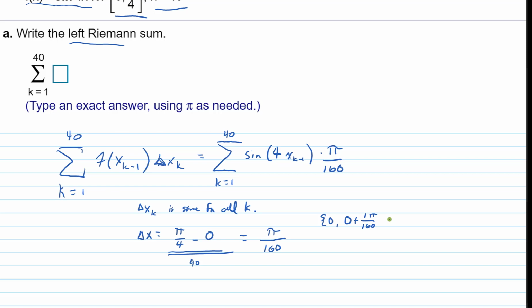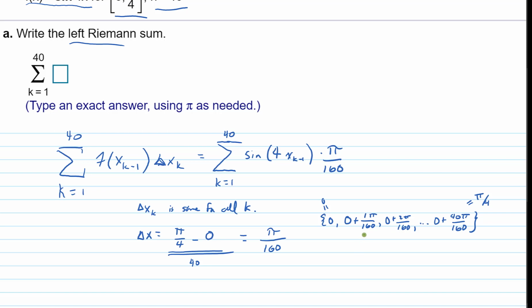And then the next entry would be 0 plus 2 pi over 160, and we'd keep doing this, dot, dot, dot, all the way up till we got to 0 plus 40 pi over 160, and that gives us that right endpoint of pi over 4, whereas this was our left endpoint of 0. So here's a way of actually generating the values of the partition.